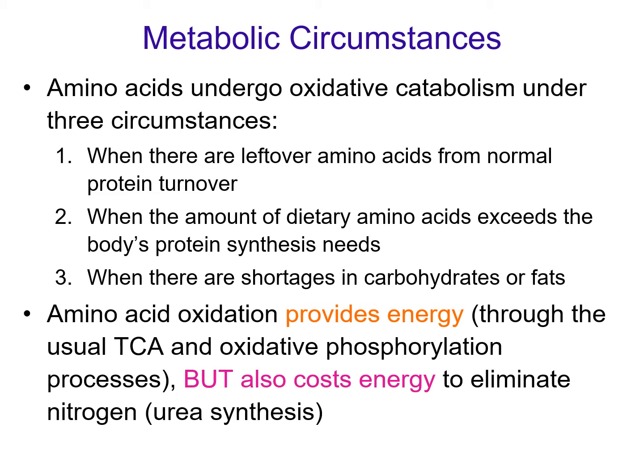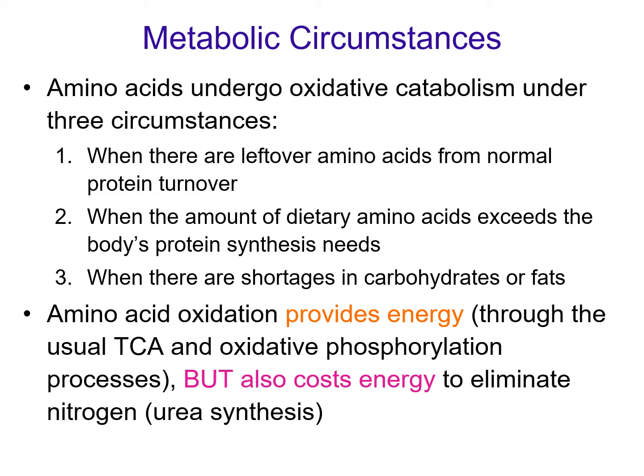Our body really likes and knows how to utilize carbohydrates and fats for fuel. But say you're dieting and you have a high protein diet and you have a shortage of carbohydrates, then your body can easily go into using those proteins for fuel.